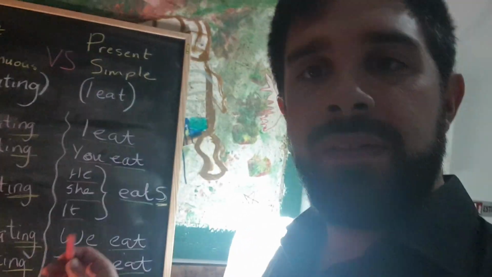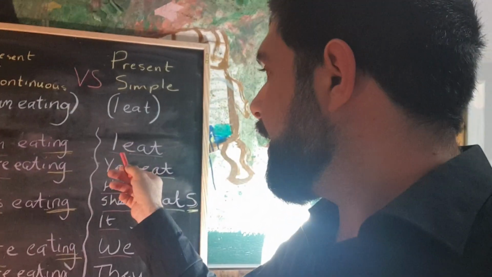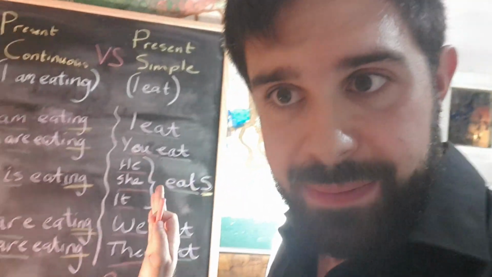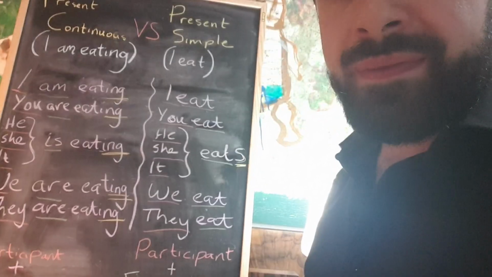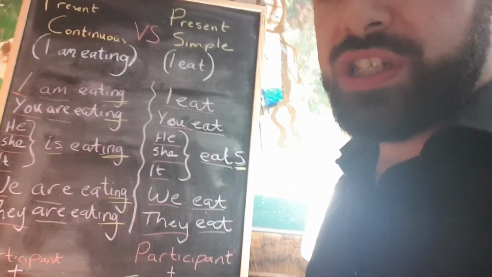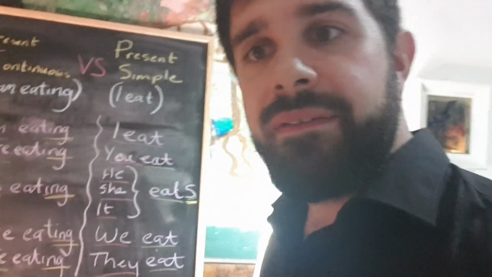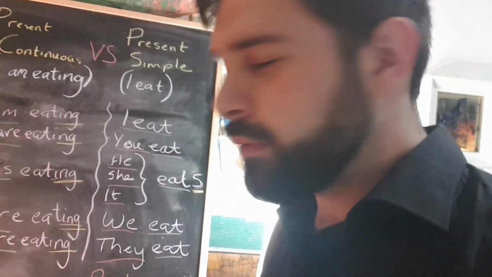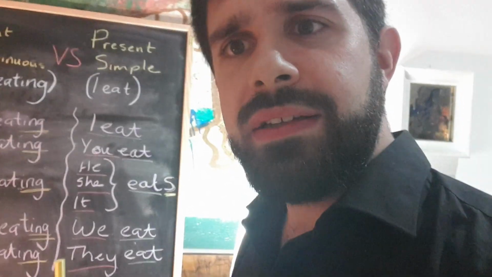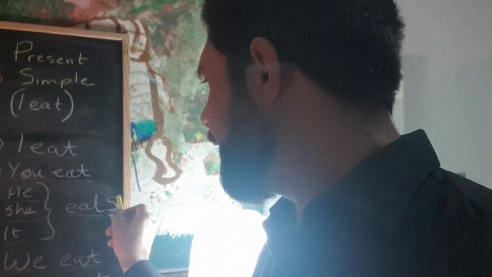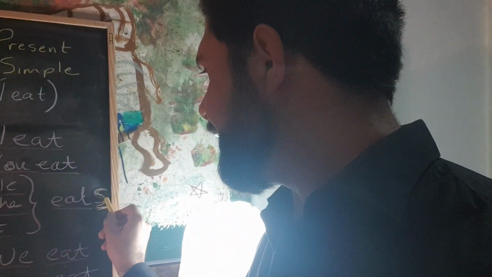We have the participant once again: I, you, he, she, it, we, they. Then we have the verb, with one little difference. We only have one S here.